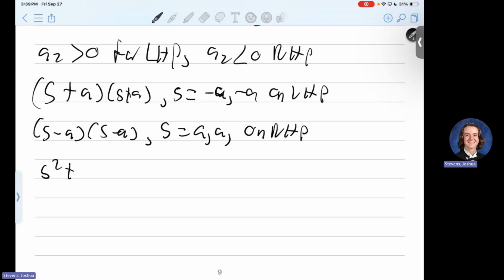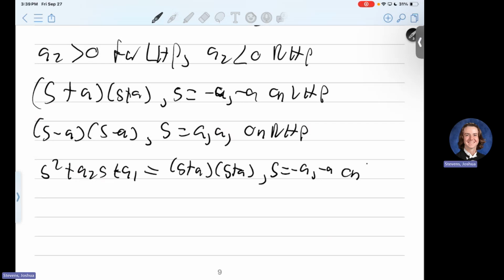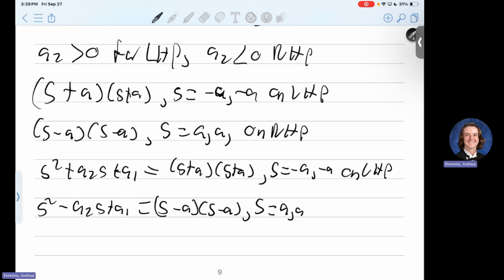If this is positive, it's the same as S plus A, which means when stuff is equal to 0, it'll be at negative A, meaning on the left half plane.